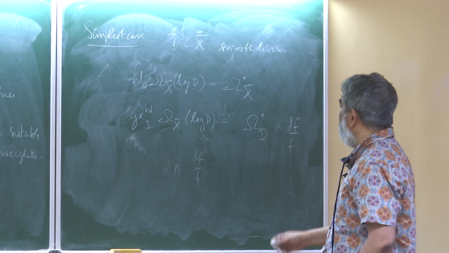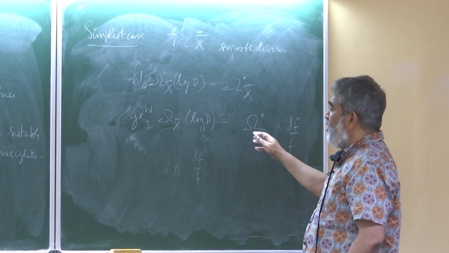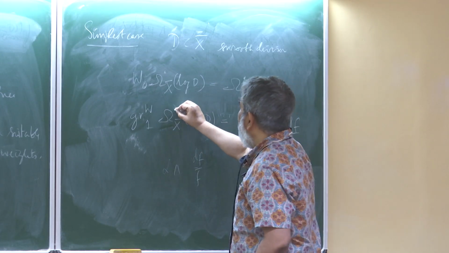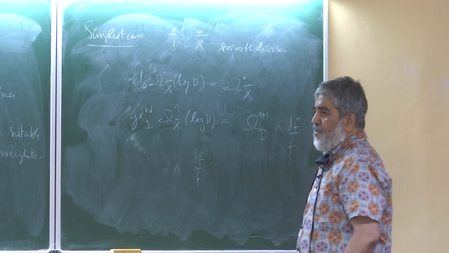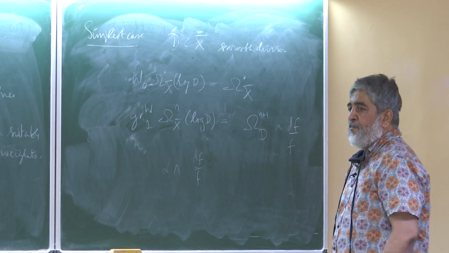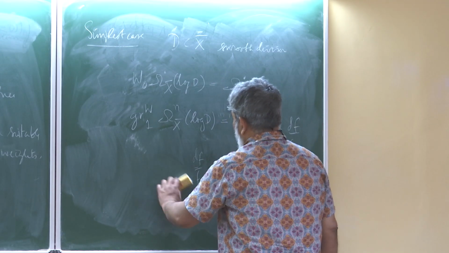Okay, except now you have to be very careful because the numbering has to be correct, right? So the dot here, if this was n, this will become n minus 1. So there's a shift.